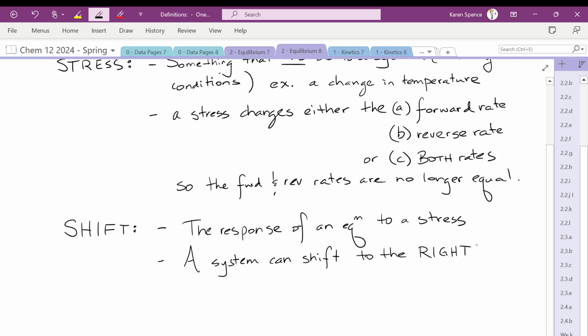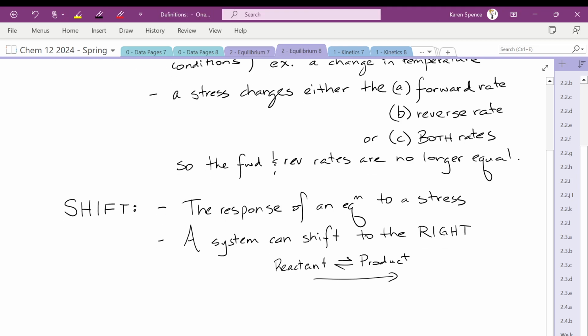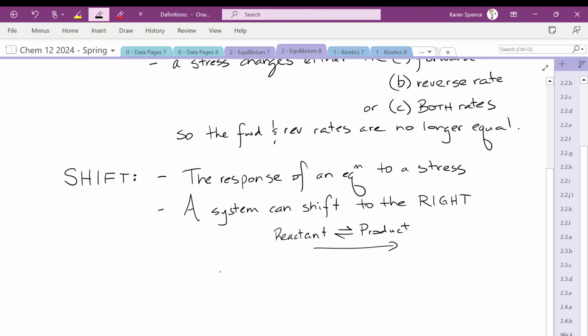We're making more product because remember we have reactants, products, and if we're shifting to the right, it means we are making more products and using up some reactants.